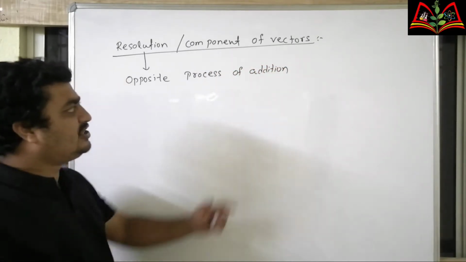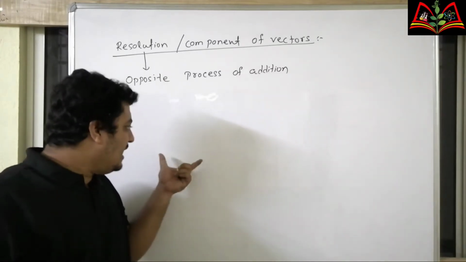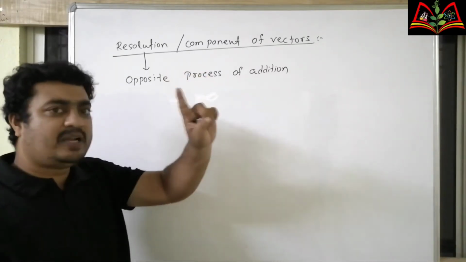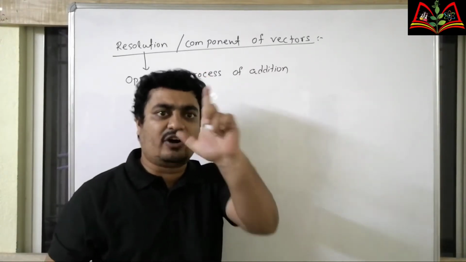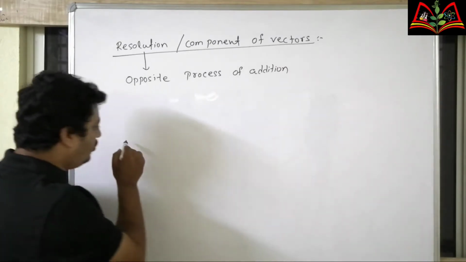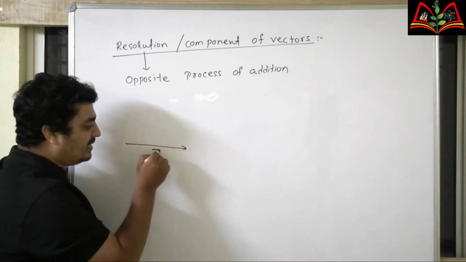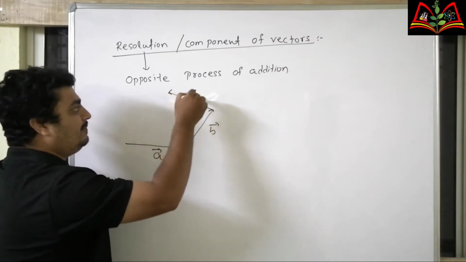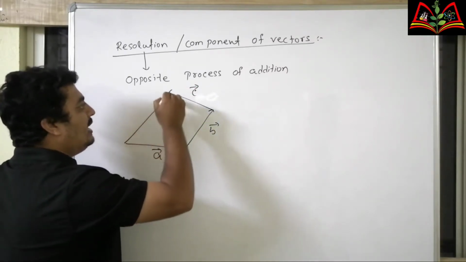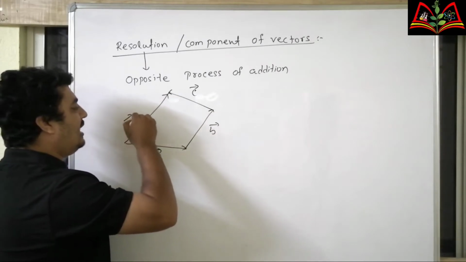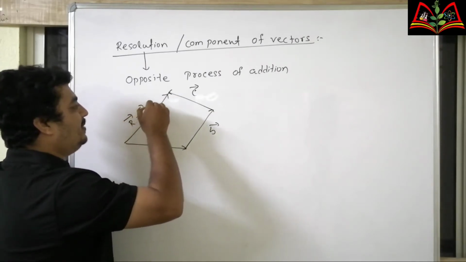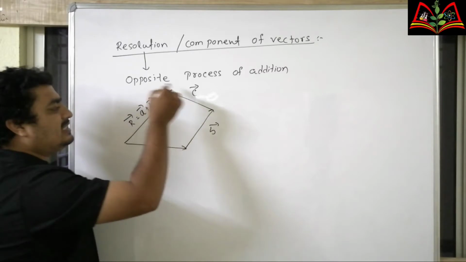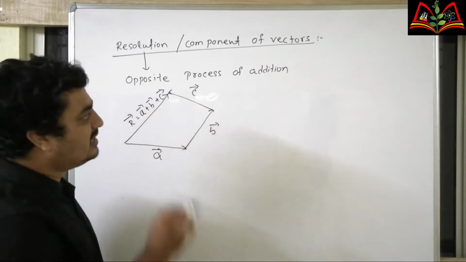So, in addition of vectors, a number of vectors are represented as their resultant or a single vector. So, if there are three vectors A, B and C, then in addition we write that R equal to A plus B plus C. This is called addition of vectors.